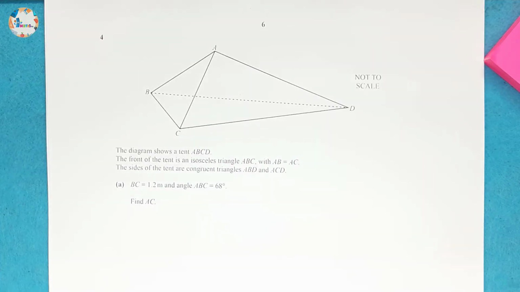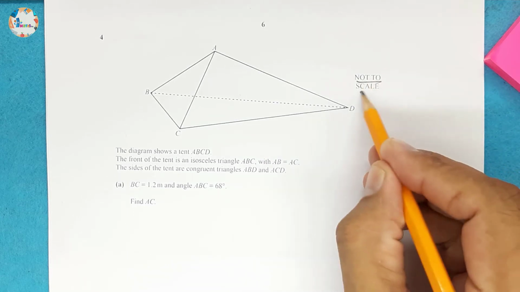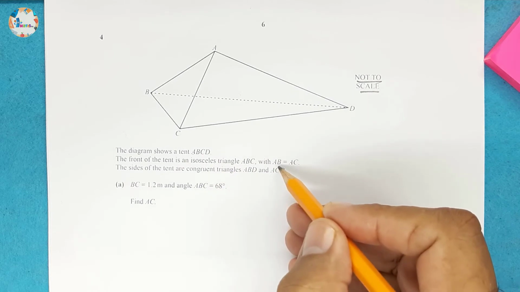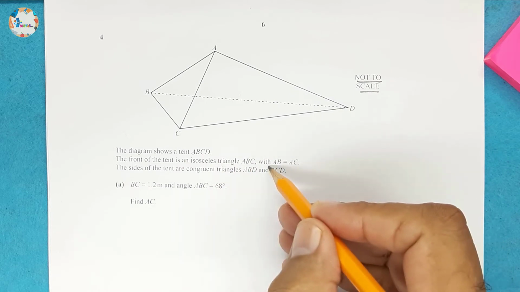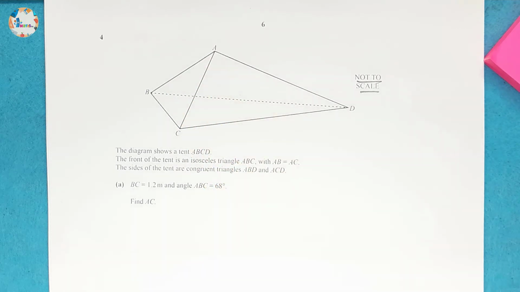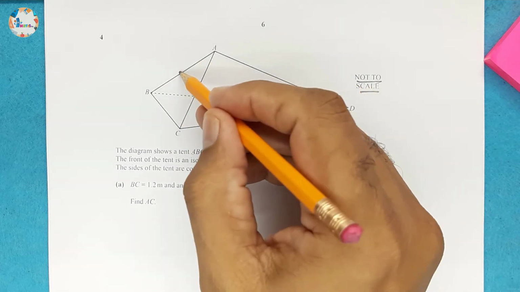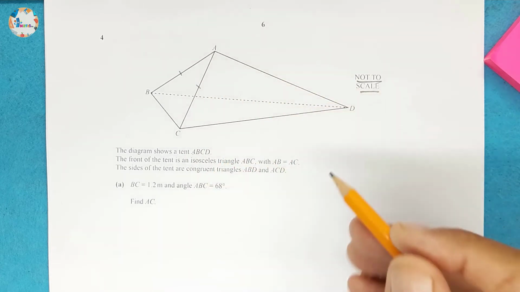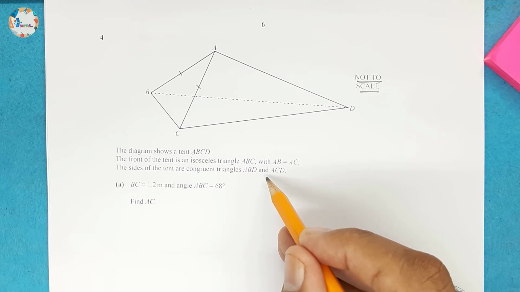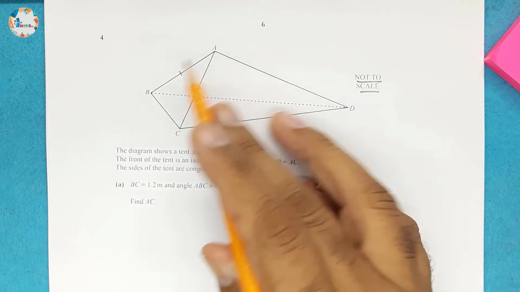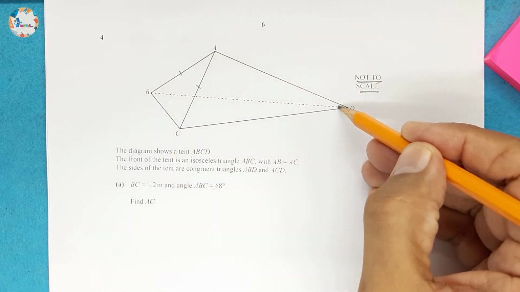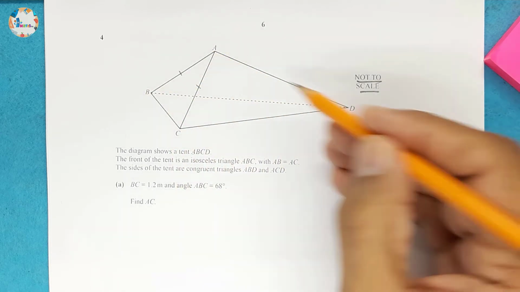Question number 4. A diagram is provided which is not to scale. The diagram shows a tent ABCD. The front of the tent is an isosceles triangle ABC, with AB equal to AC, so this side is equal to this side. The sides of the tent are congruent triangles ABD and ACD.